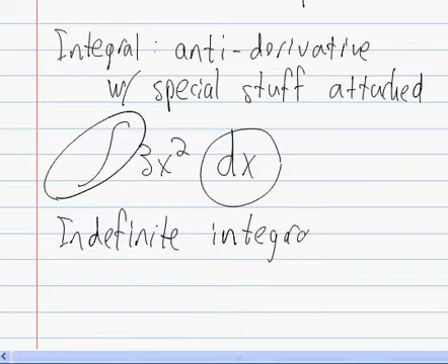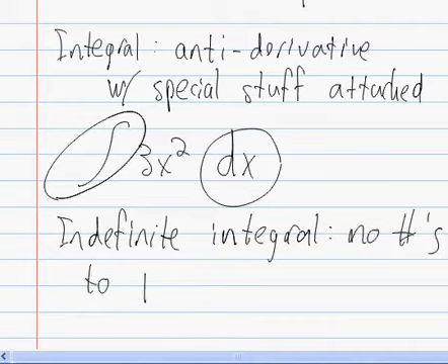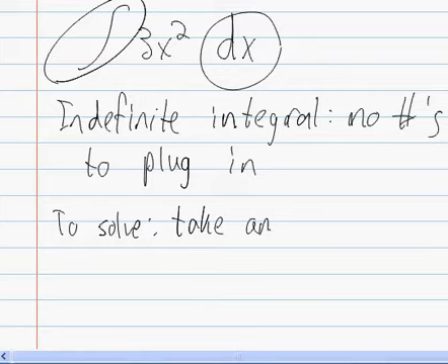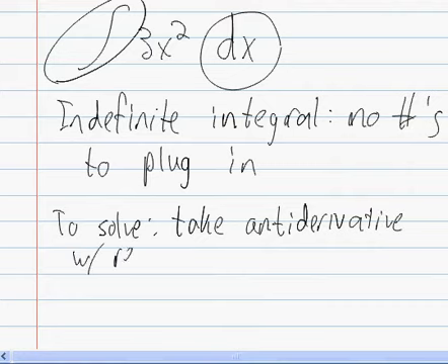It doesn't give us any numbers to plug in. All it really does is, the way to solve it, you're just going to take the antiderivative with respect to, I think that's the integrand, this piece up here.